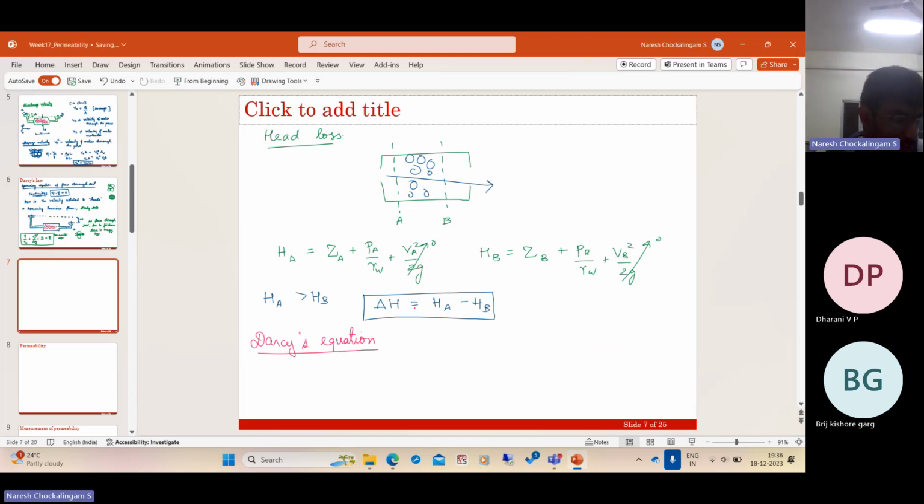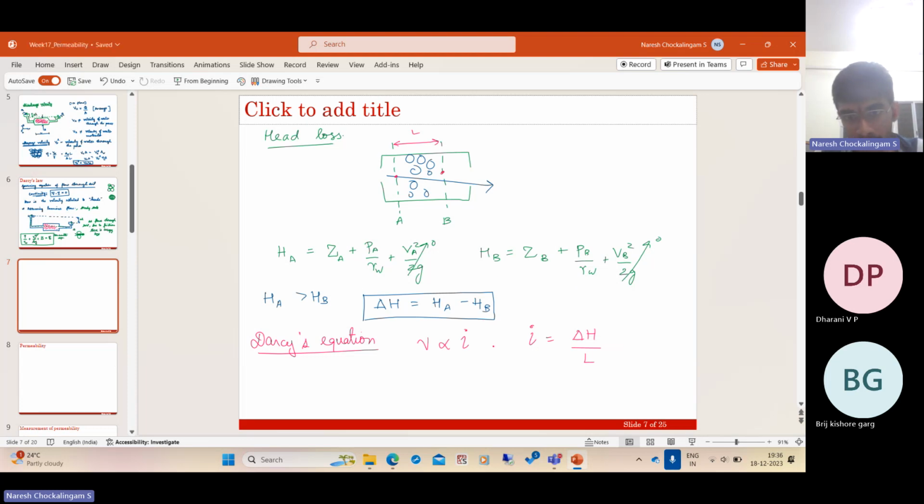Darcy's law says that the discharge velocity in 1D flow is proportional to the hydraulic gradient I. What is the hydraulic gradient? It is nothing but the loss of head per unit length of flow. So if the length is L and the loss of head as water flows from this place to this place is delta H. What is delta H?